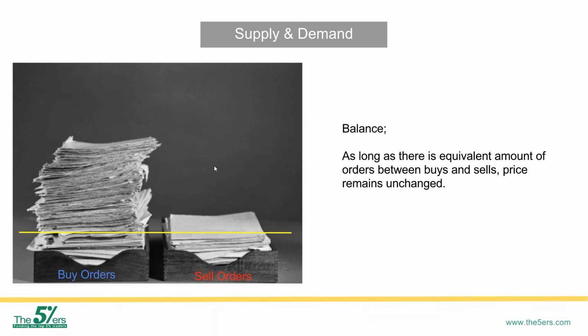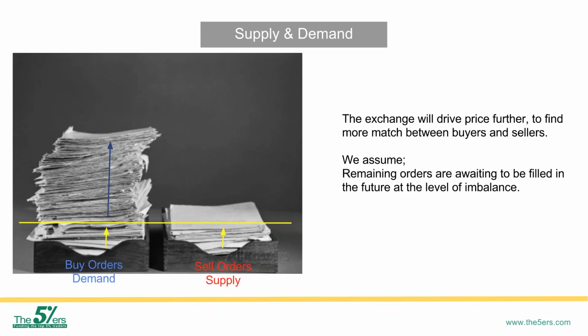If they don't have a match, the exchange cannot make any trade, and the automatic resolution is that price will go up, and they will look for more participants who are willing to sell to these buyers, meaning there is a lot of demand to buy these stocks and fewer sellers, so price will go up. And this is exactly how it works in the market.